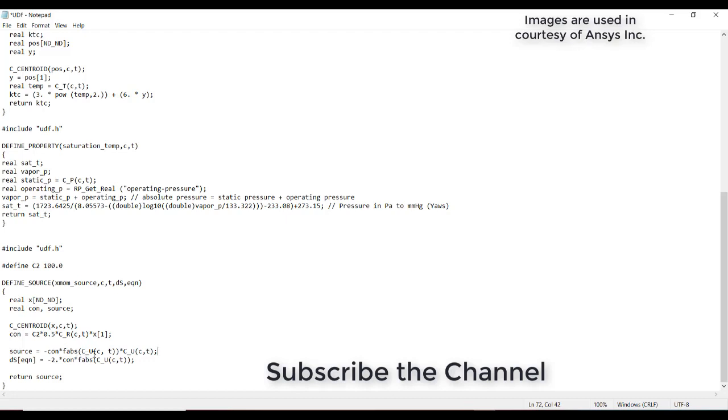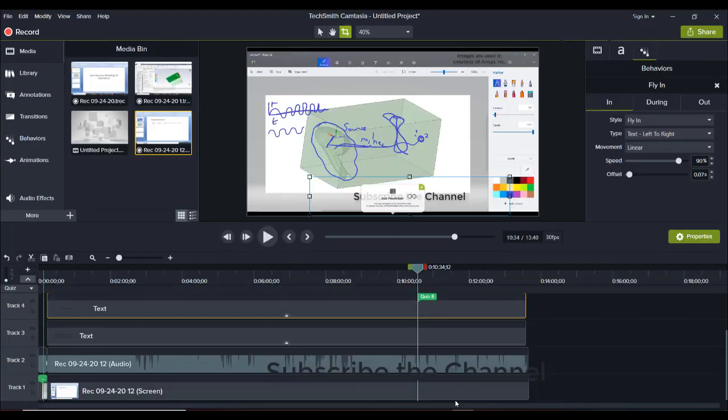And C underscore u is the x component velocity I am taking from each and every cell. In this simulation it is cell 1, then cell 2, cell 3, cell 4, and it continues until all the cells are covered, for each and every iteration. So this is taken in terms of the source. ds of equation means the derivative with respect to vx, because we are talking only about x momentum. So already we have found the derivative of vx.